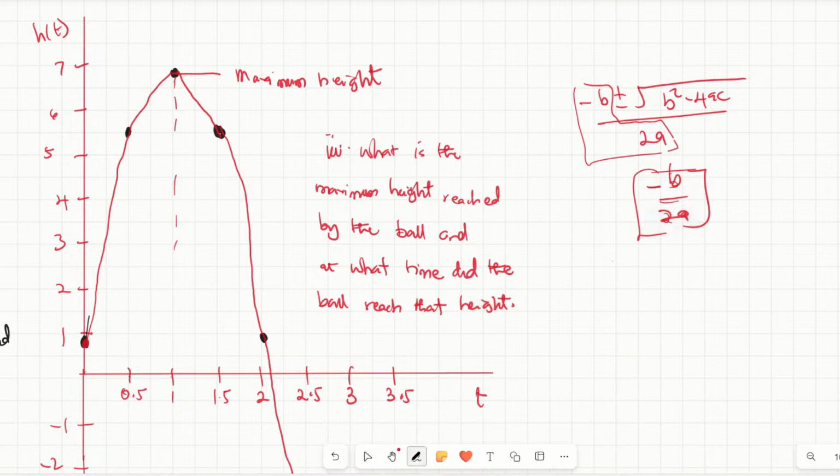So very good. The maximum height, as has been alluded by all of you, is equal to 6.8. And the time it reaches that maximum height is at time t equal to 1 second.